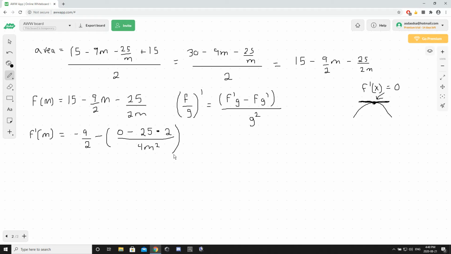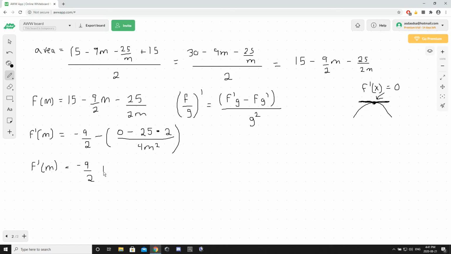Okay, so here's an expression for my derivative, but obviously you can go ahead and simplify this a lot more. So the derivative is going to be equal to negative 9 over 2. Let's simplify what's in the parentheses here. I've got a minus and then another minus. So this is 0, negative 25 times 2, so up here in the numerator I've got a negative 50, but then I've got a double negative, negative negative 50, so that comes out to a positive.